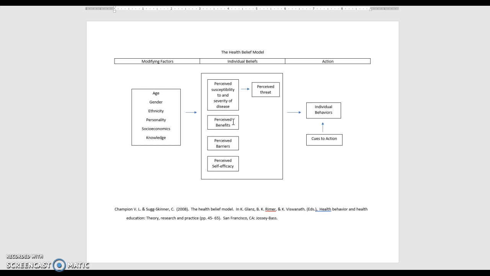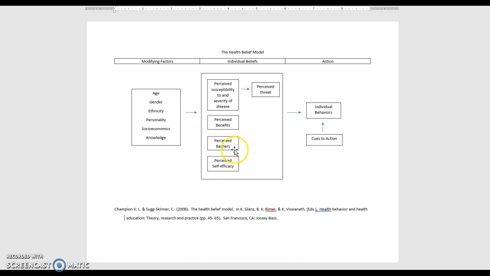Other non-health related perceptions, such as the financial savings related to quitting smoking or pleasing a family member by having a mammogram, may also influence behavioral decisions. Therefore, individuals exhibiting optimal beliefs in susceptibility and severity are not expected to accept any recommended health action unless they also perceive the action as potentially beneficial by reducing this threat.